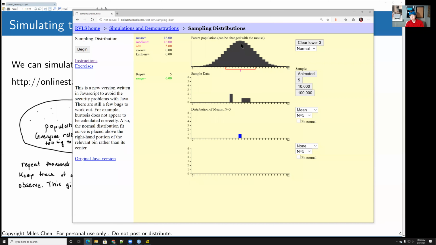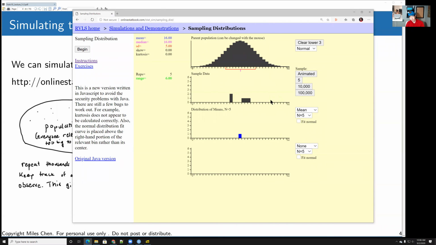Here is a random sample of 5 individuals taken from the population. Every time I click this button, it's going to draw 5 individuals from the population. Most of the individuals that we see will be in between here and here.